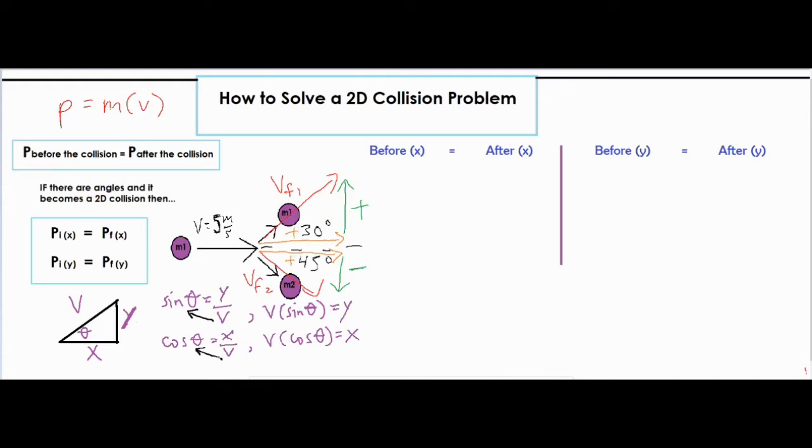Those are both in the positive direction, the same direction as this object was moving initially. So I'll say everything to the right is positive, everything to the left is negative, which there is nothing to the left. Everything up is positive and everything down is negative. All right, so based on that, I'm going to go ahead and set up everything I know in my X column and my Y column and see where that brings us.